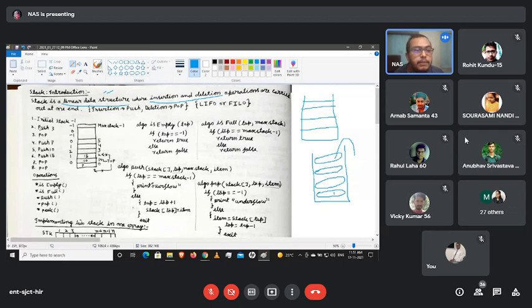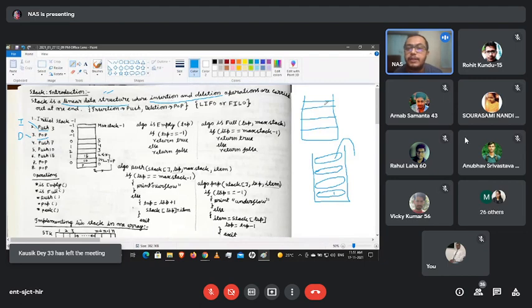Push means insertion and pop means deletion. In place of insertion and deletion, we use these two terms, push and pop. Push means we are inserting an element, pop means we are deleting that particular element from the stack.